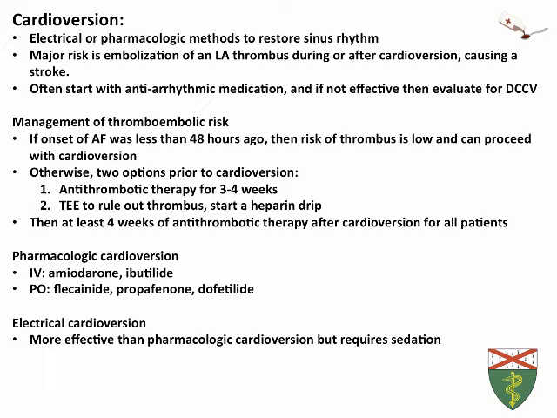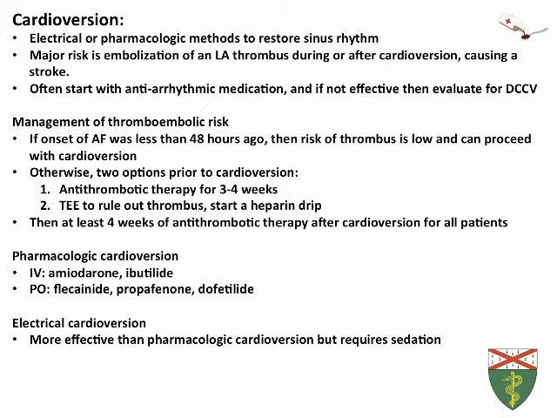The first is to keep them on antithrombotic therapy for 3 to 4 weeks, and the second is a TEE to rule out a thrombus and starting them on a heparin drip afterwards. All patients, regardless of which option is chosen, should be on at least 4 weeks of antithrombotic therapy after cardioversion, again to prevent risk of embolization.